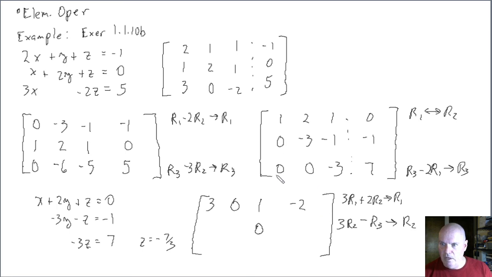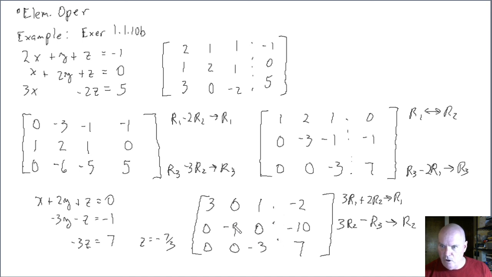So I'll have 3 times 0 minus 0. Then here I'll have 3 times the negative 3, or minus 9. And then again here I would have minus 3 minus a negative 3 to get 0. And then here I'll have minus 3 minus 7, which is a negative 10. And then I'll copy down this last row, 0, 0, minus 3, and 7.